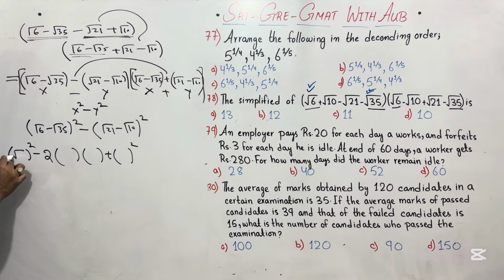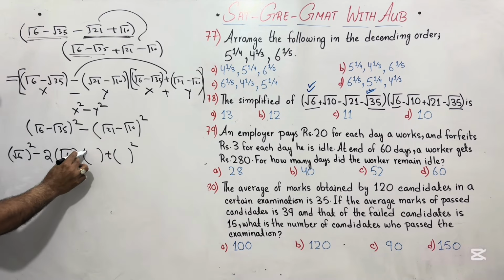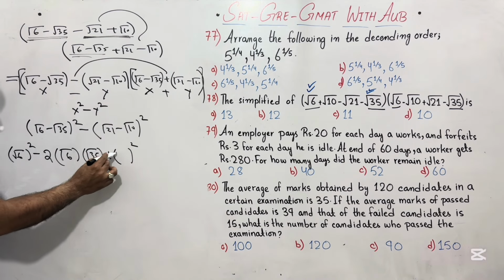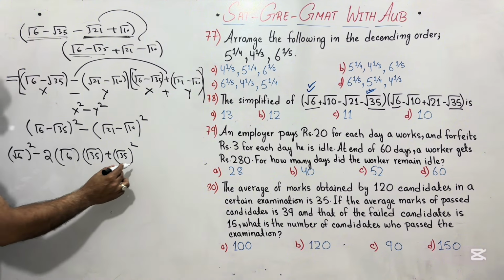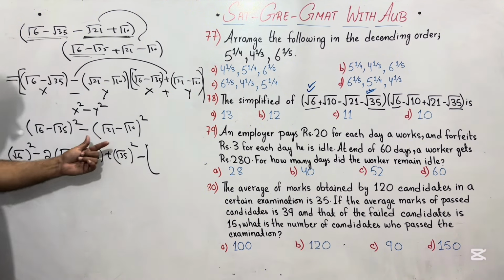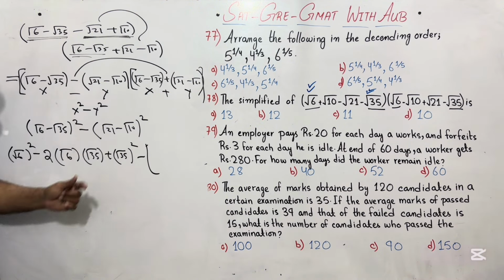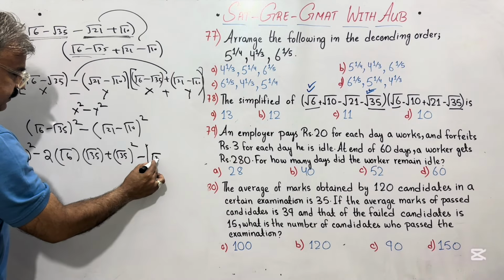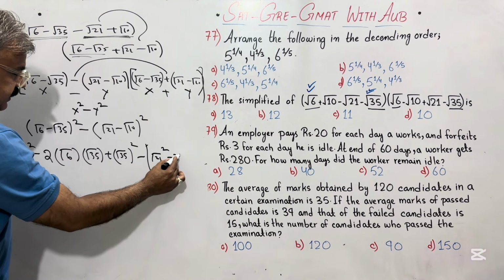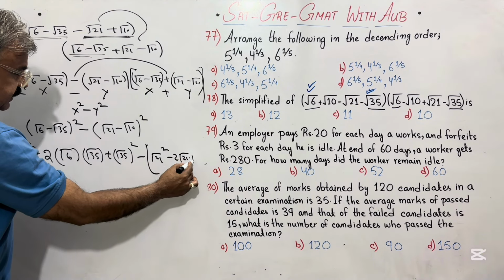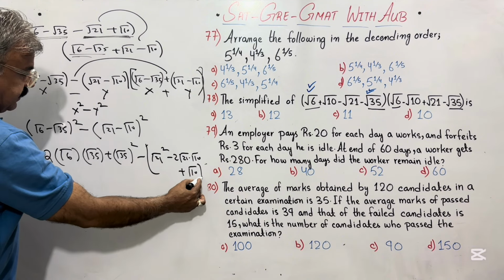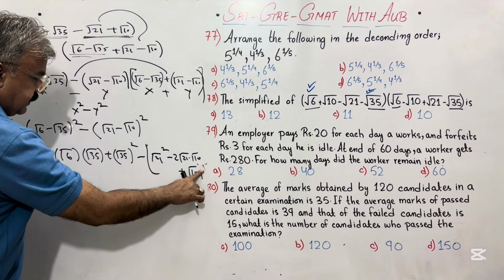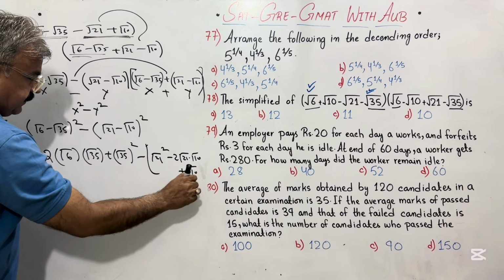Here in the first bracket the first term is √6 and the second is √35, minus, applying the whole square situation here, √21 square minus 2 times √21 times √10 plus √10 square.